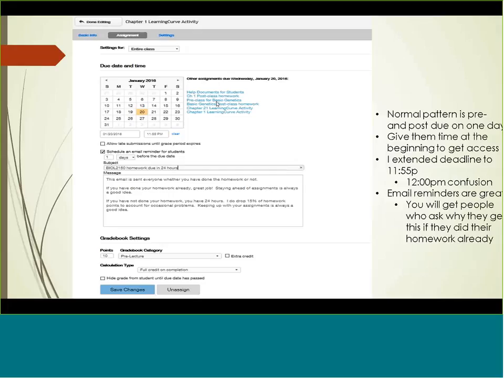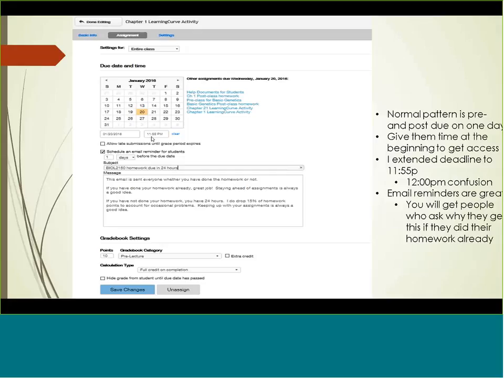This semester, I did have an issue with students not knowing the difference between 12 a.m. and 12 p.m., and so they thought that it was due at midnight when it was actually due at noon, so I extended the deadline to 11:55, which was really easy to do. I do send out email reminders to students 24 hours in advance that a homework is due.